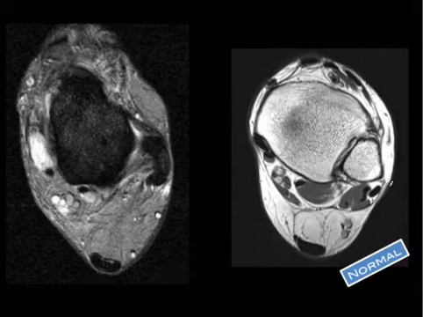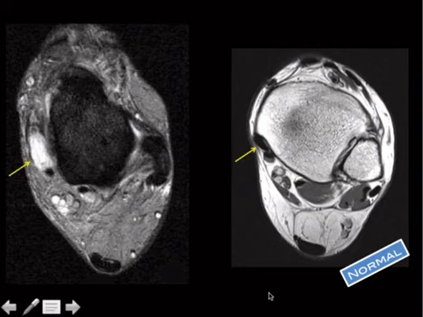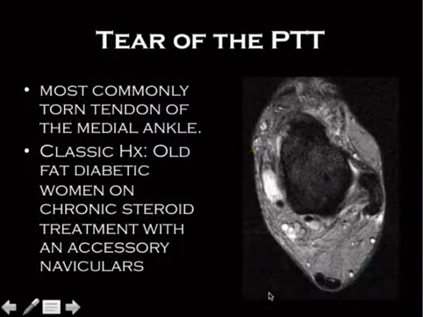Achilles, plantaris, peroneus longus, brevis, hallucis, digitorum, posterior tibial. Okay? Tom, Dick, Harry. You probably have noticed now that Tom is out to lunch. So Tom is gone, right? We don't see him. So this is a tear of the posterior tibial tendon, PTT.